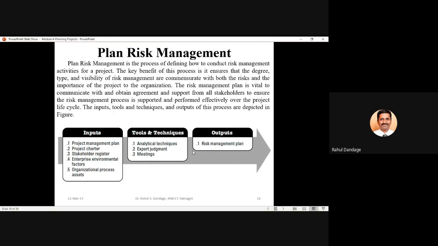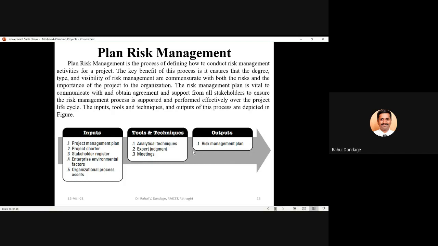In all those senses, the agreement and support from all the stakeholders is very essential, and this will ensure that your risk management process is supported and also performed effectively over the entire project life cycle.